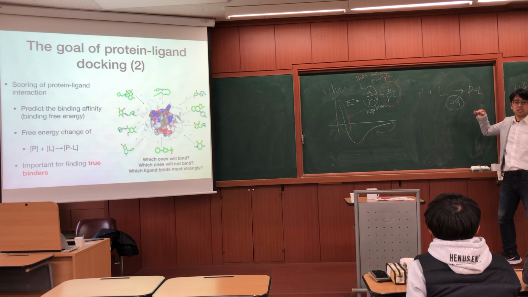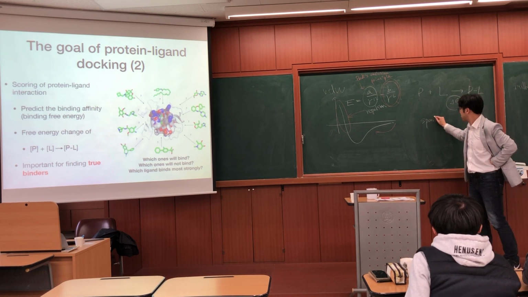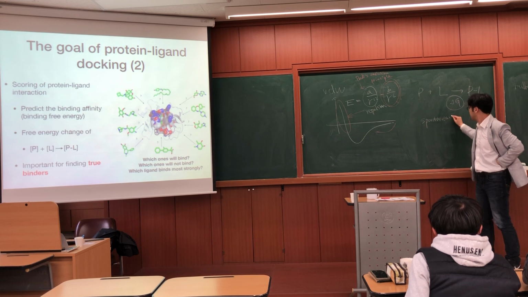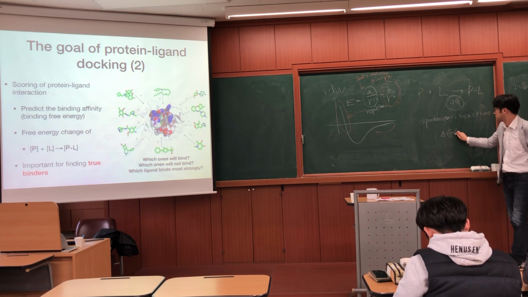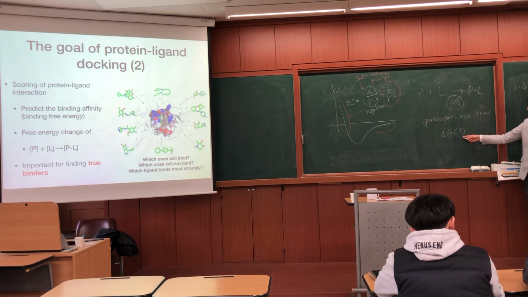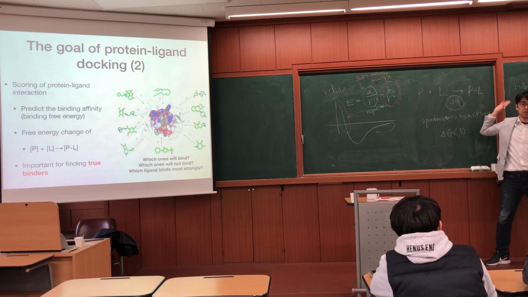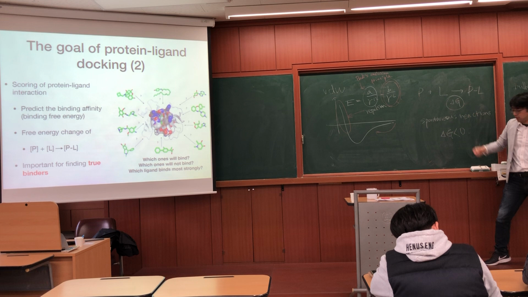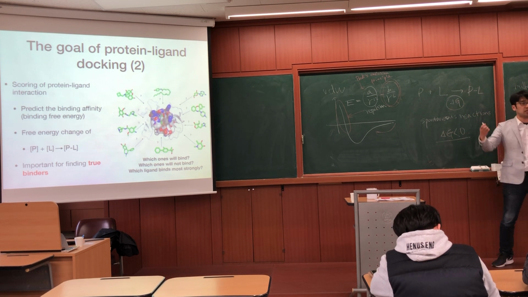All spontaneous reactions have minus delta G's, right? If delta G is minus, this one occurs. If delta G is positive, larger than 0, you need to give some energy to make this occur. So if delta G is more negative, it means that protein and ligand bind more strongly.